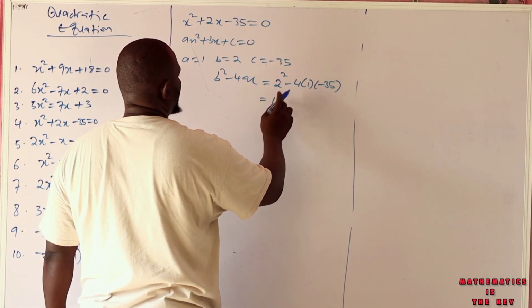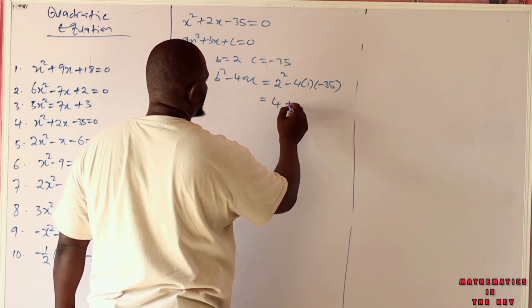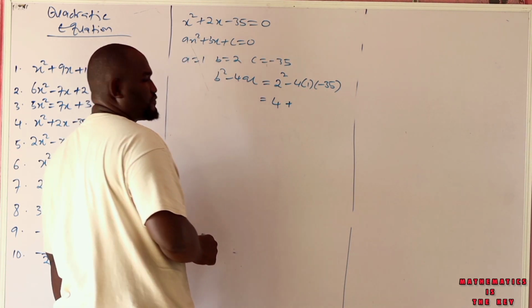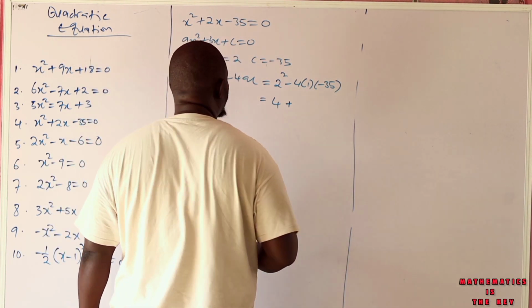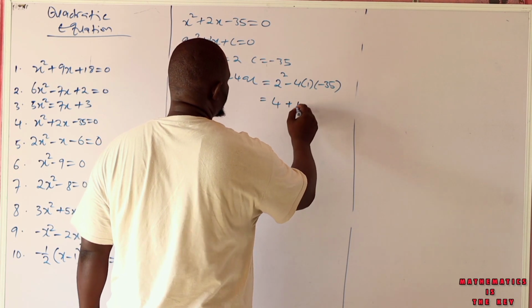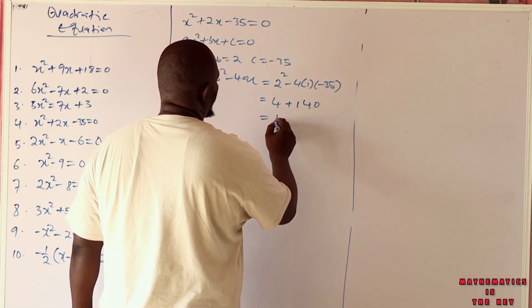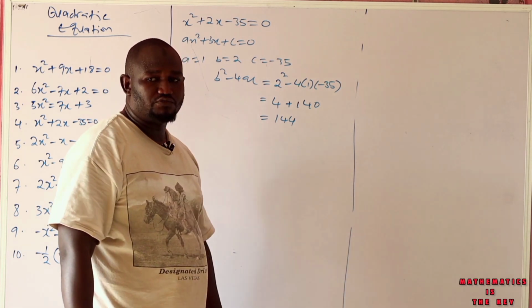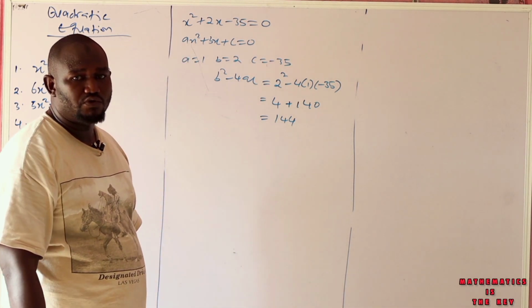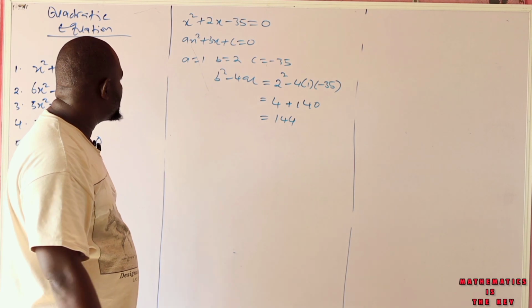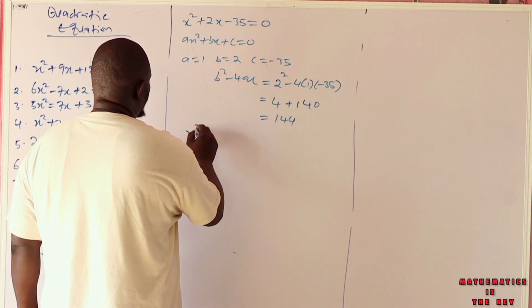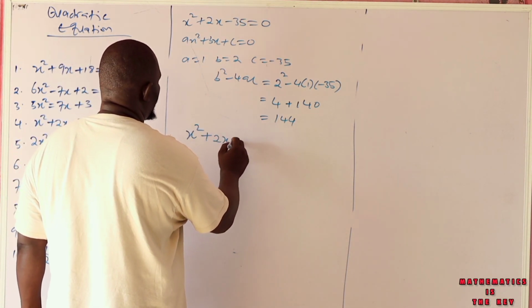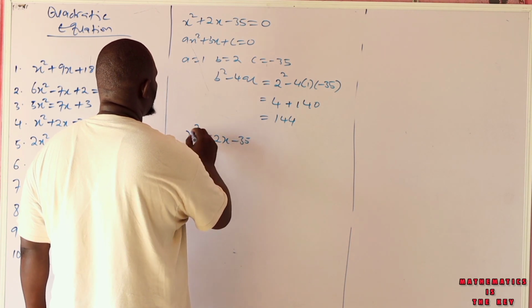Minus 4 with this minus becomes plus, and 35 times 4 is 140. We have 144, which is a perfect square of 12. That means this question can be solved using the factorization method. So x squared plus 2x minus 35 is equal to 0.